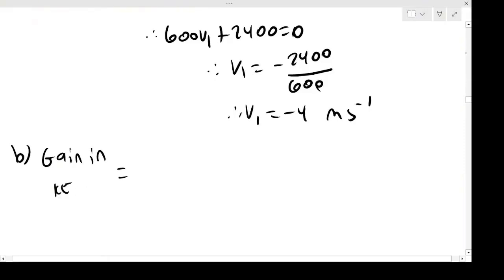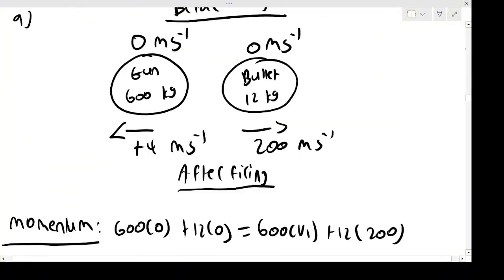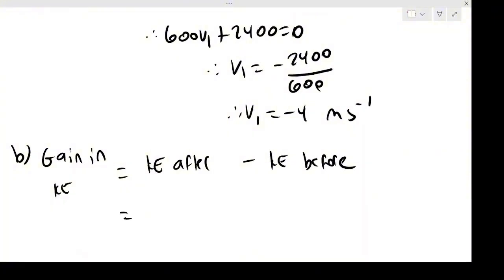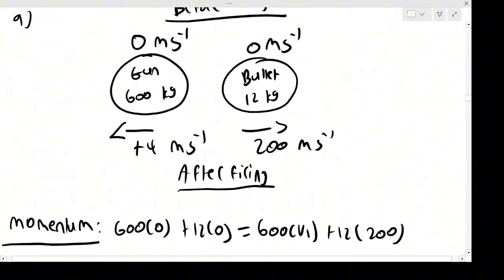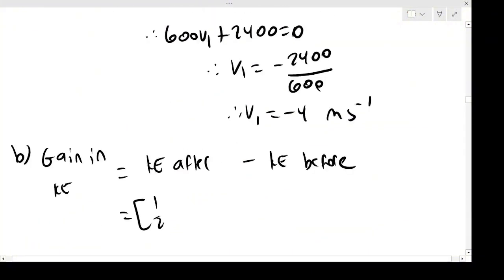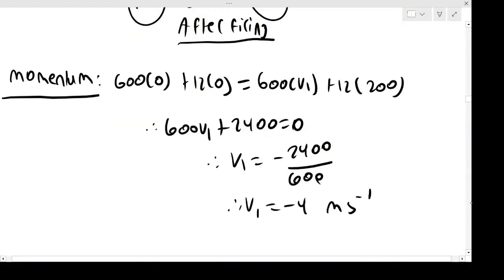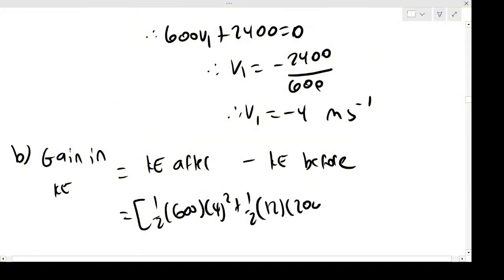That's going to be the kinetic energy after take away the kinetic energy before. So the kinetic energy afterwards is going to be, the mass is 600 for the gun, the speed is 4, so it's half times 600 times 4 squared, and then a half times the mass of the bullet, 12, and the speed is 200, so 12 times 200 squared.